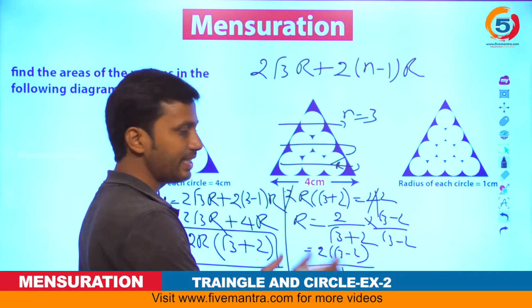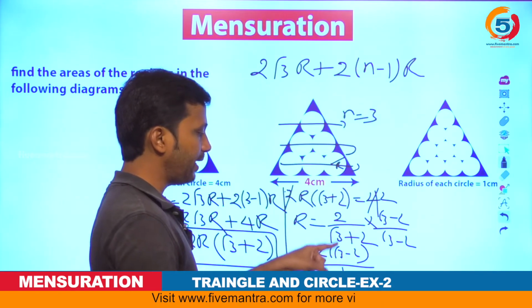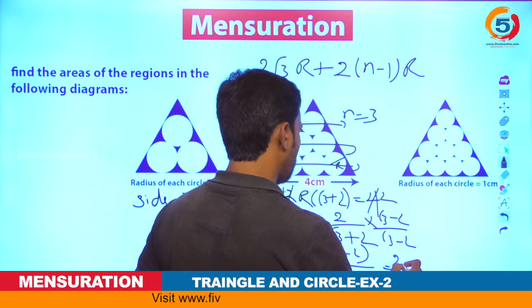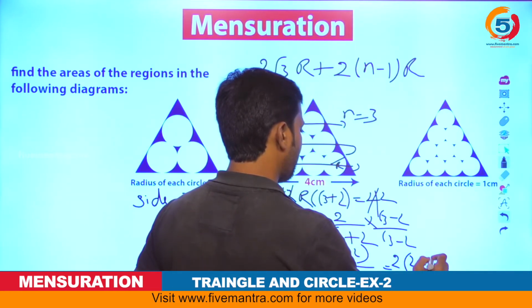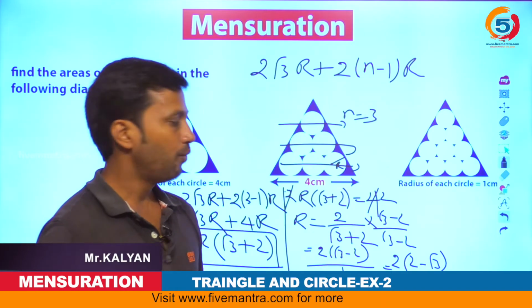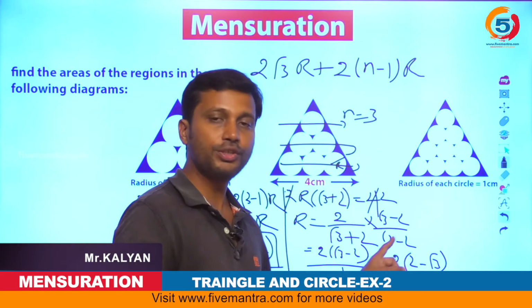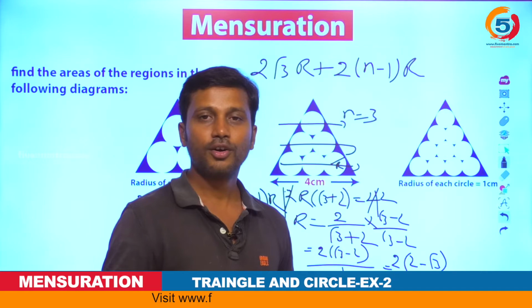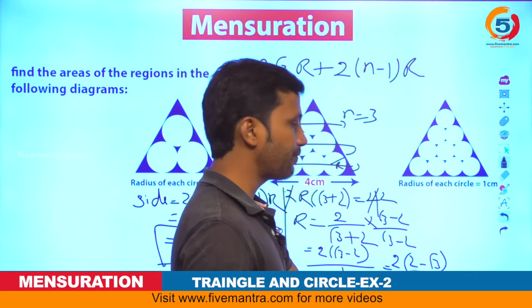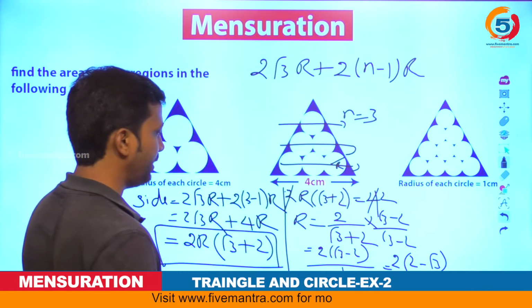In order to reset this, if you multiply and divide with minus 1 on both sides, what happens? 2 into 2 minus root 3 will happen. Signs are changed. So finally, what is your radius? 2 into 2 minus root 3, or not? Okay, radius is 2 into 2 minus root 3. When the radius is found, then what can we find finally? Let us see.